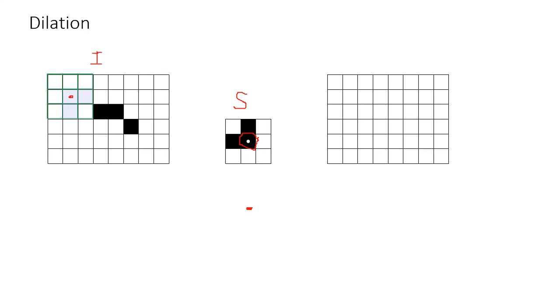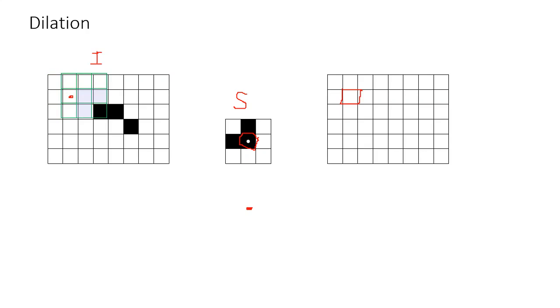There is no overlap. So for this corresponding location, in the result, we put 0. I will not put anything in this location right now because it is 0. Then we move the structuring element, and when we move it, is there any overlap between the elements with 1?